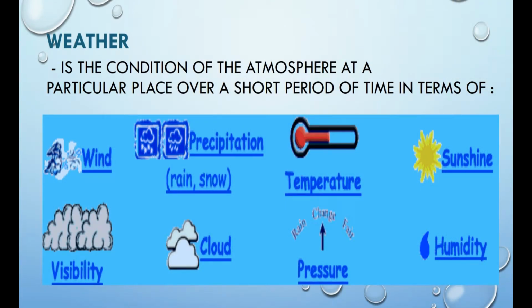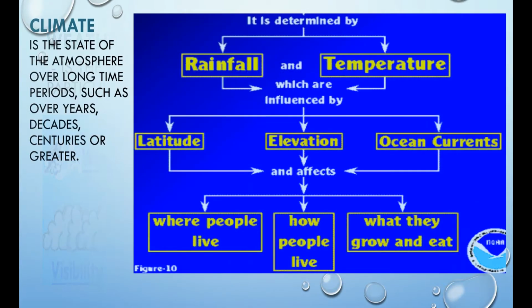Next, we have weather. Weather is the condition of the atmosphere at a particular place over a short period of time in terms of the wind, precipitation, temperature, sunshine, visibility, cloud, pressure, and humidity. And climate is a state of the atmosphere over a long time period, such as over years, decades, centuries, or greater.